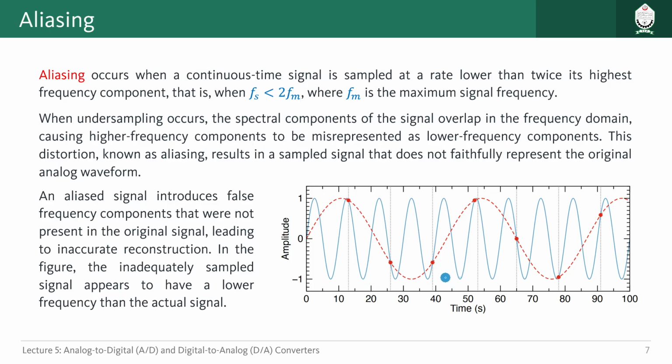We can obviously understand that the sampling frequency we have taken for this case is not adequate, because the sampling frequency should be at least twice the frequency of the original signal. It is not twice that, it is even less than the original signal. As a result, when we try to reconstruct the original signal from those samples, we get a misinterpreted signal. Here you can see the interpreted signal from the samples, and its frequency is quite low compared to the original blue signal. That is the problem. This is called aliasing.